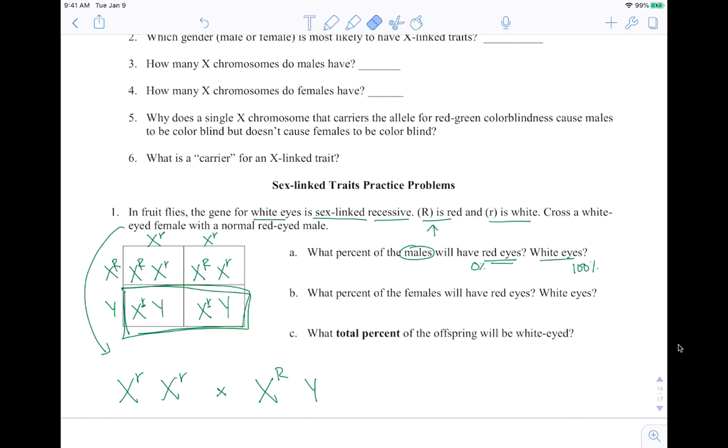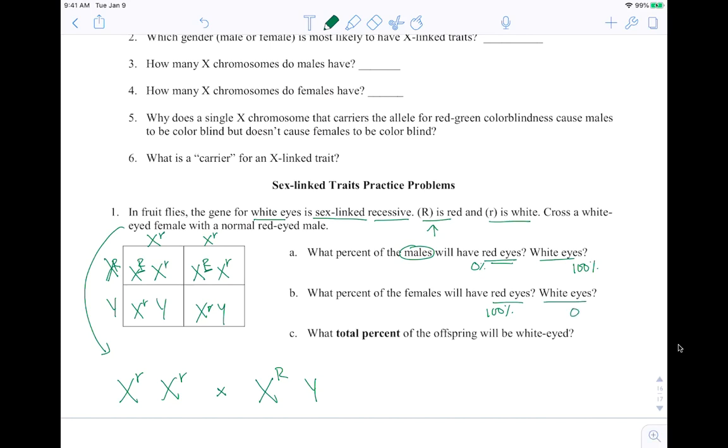Okay, what percentage of females? It's going to erase my boxes. Yep, dang it. Okay. Let me just do it again real fast. Okay. Percentage of females have red eyes. Red eyes is capital. So this one and this one both have red eyes. So 100% of the females have red eyes.